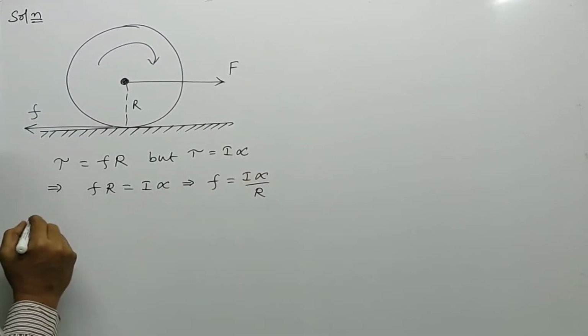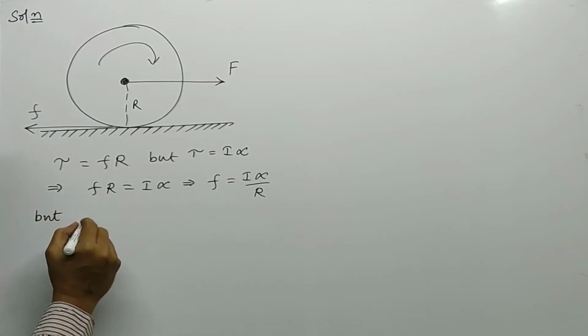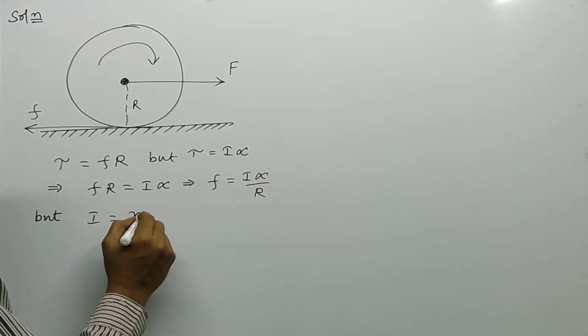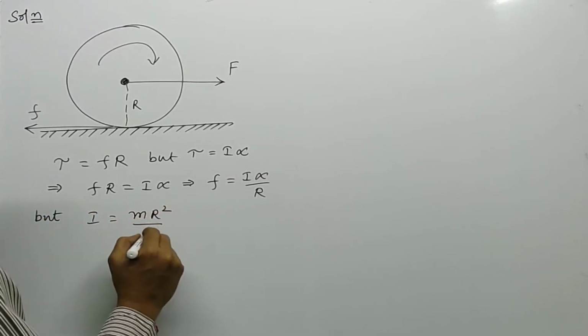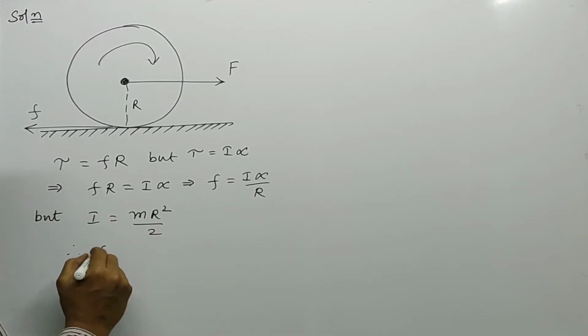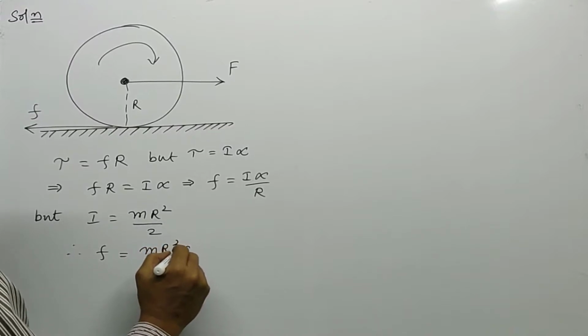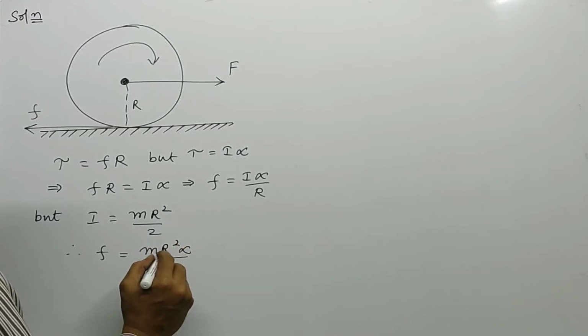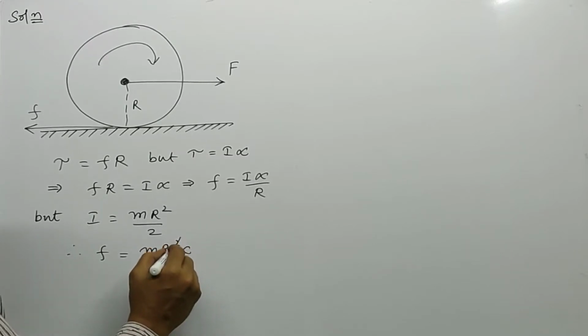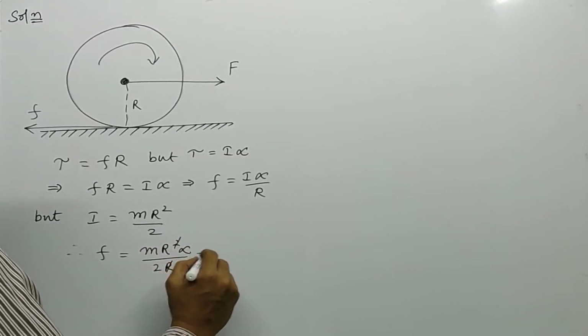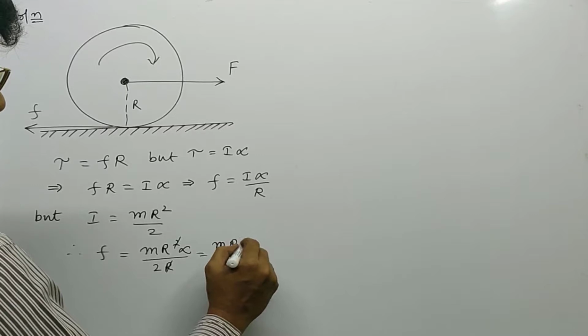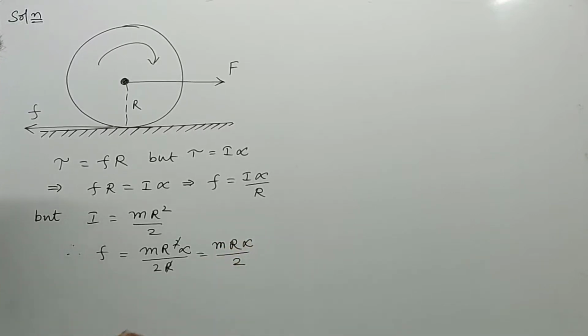So that implies f R is equal to I alpha, or f is equal to I alpha divided by R. But for a circular disc, I is equal to m R square divided by 2. So f is equal to m R square alpha divided by 2R. Here one R gets cancelled, so f is equal to m R alpha divided by 2.